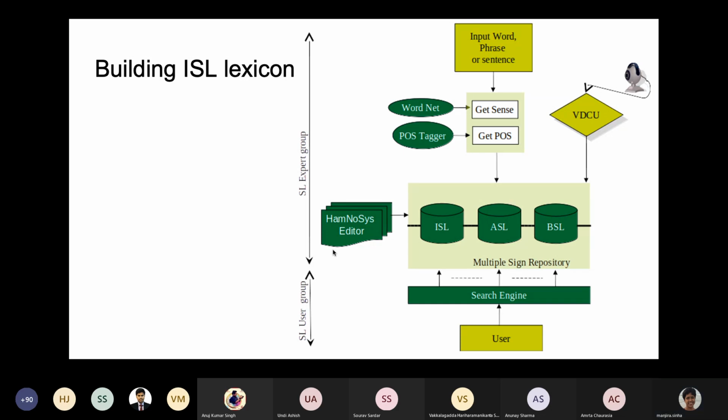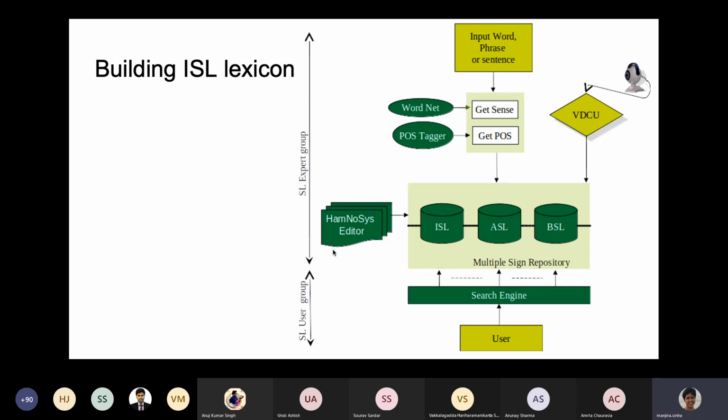Similarly, in a sign language generation system, especially if I am having some animation, it is not always possible to build animations for all the possible sign language output. Because it is a language, it has infinite possibilities. So the Hamnosys notation serves as a mapping between the notation and the corresponding sign language manual signs or non-manual signs.